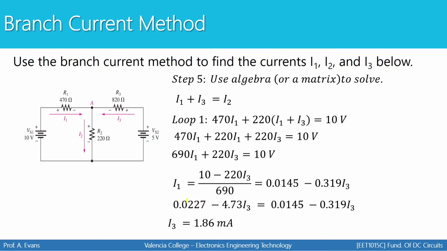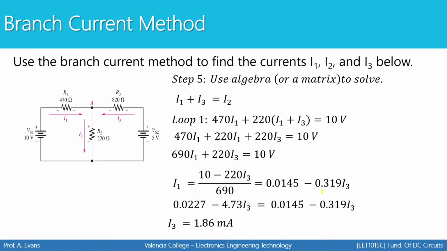So once you do that algebra, you're going to combine like terms. You're going to move I3 over to one side and get the other constants on the other side. So move this over here, add this to this side, and then divide. You'll get that I3 is approximately 1.86 milliamps.